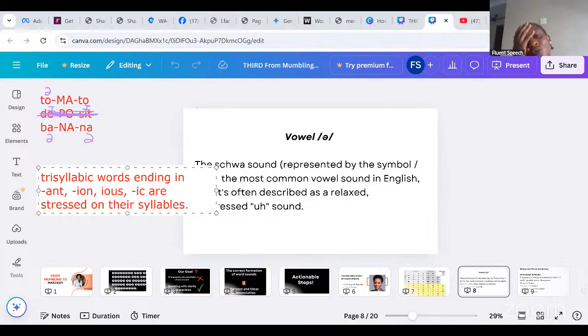So when you have a word that has 3 syllables, and the word ends in ANT, such a word should be stressed on its second syllable.